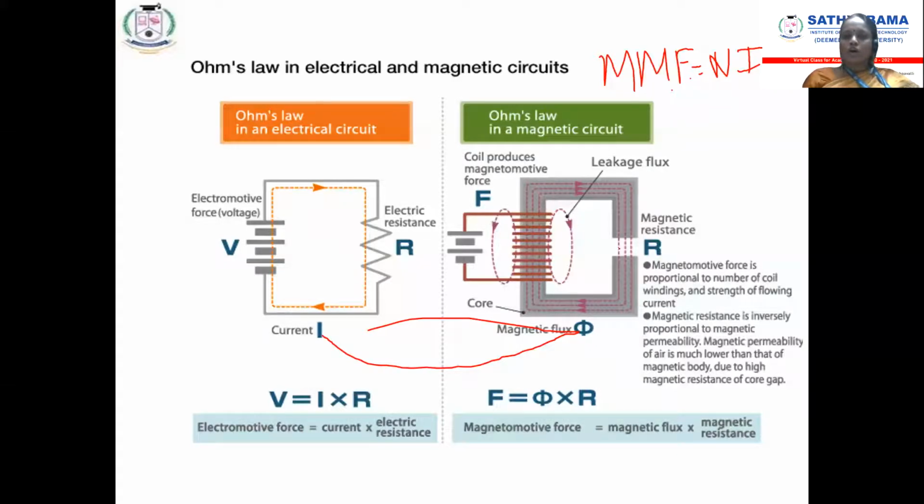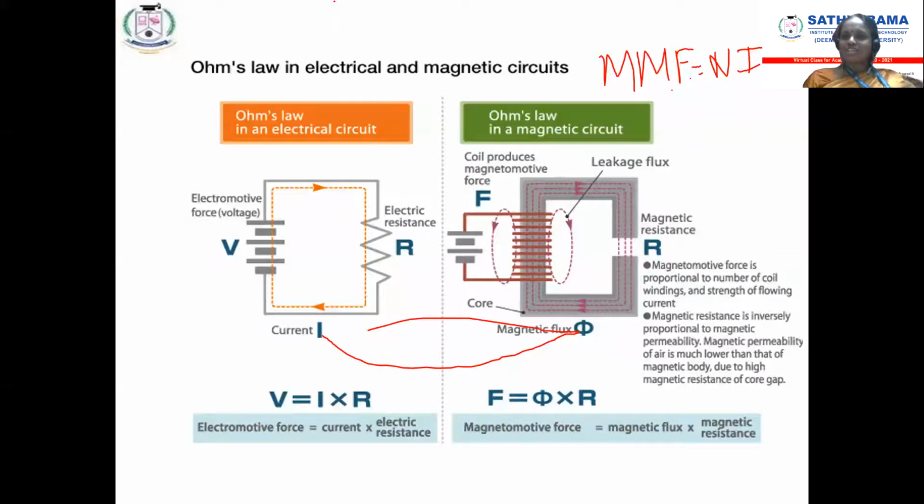So now I can easily correlate my current and flux. In an electric circuit it is voltage; in a magnetic circuit it is MMF. Here it is EMF, here it is magnetomotive force. Here current, here flux.